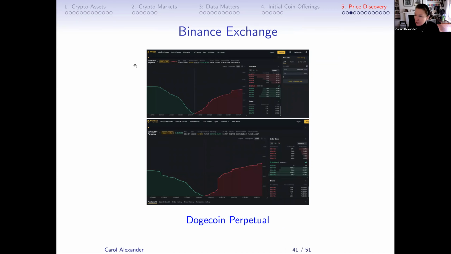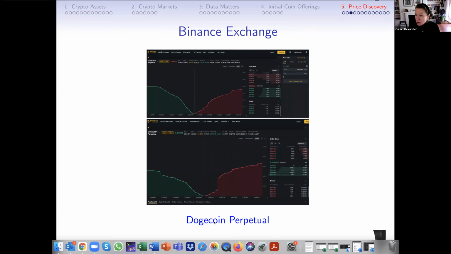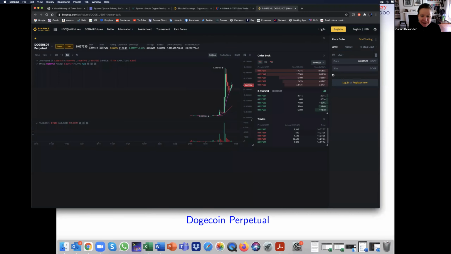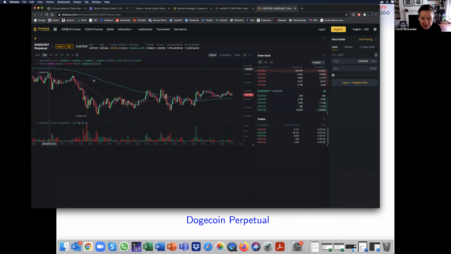Nevertheless, I do want to take a quick look because I bought Dogecoin at 5 cents. And as you can see, nothing at all happened to Dogecoin. But if I look at just recently, so it's actually a little bit more than I bought it for.